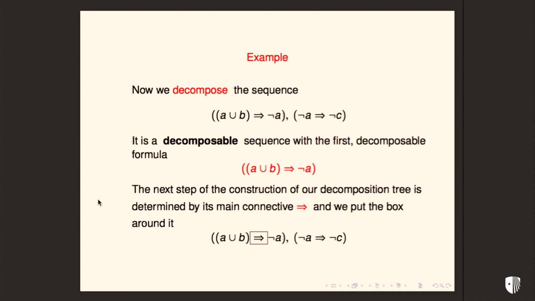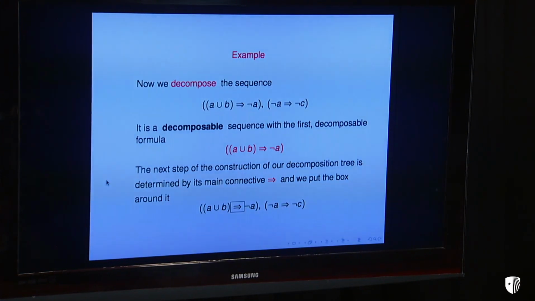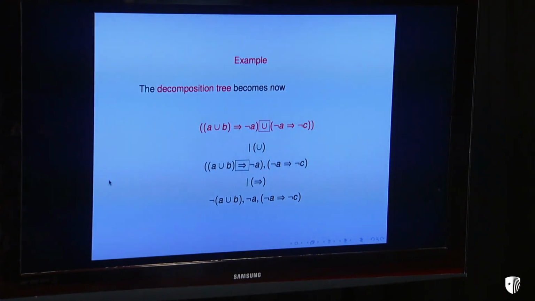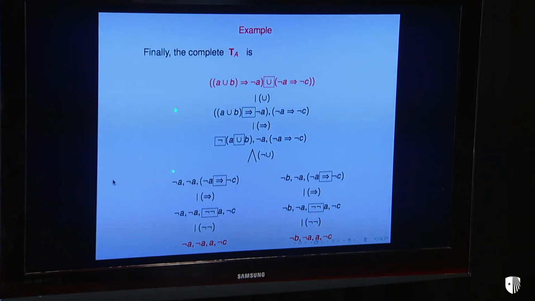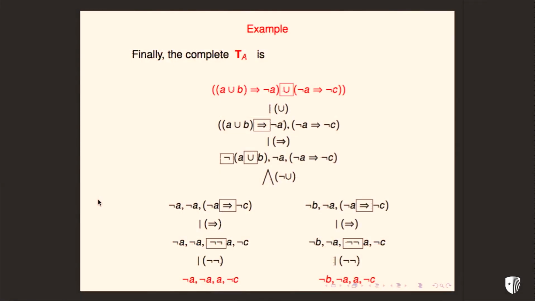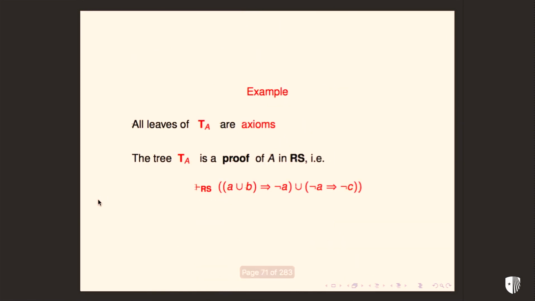So you have the first formula on the left, and you keep going, building your tree. So you have a nice tree. And you see, it's easy, it's visual. And also we have a nice theorem of uniqueness and so on.